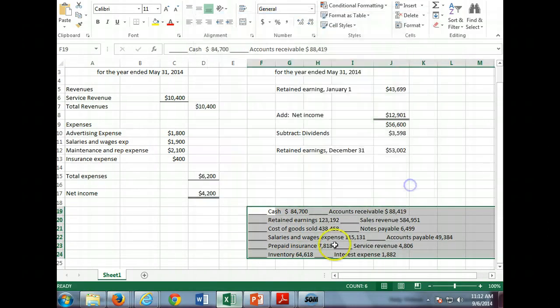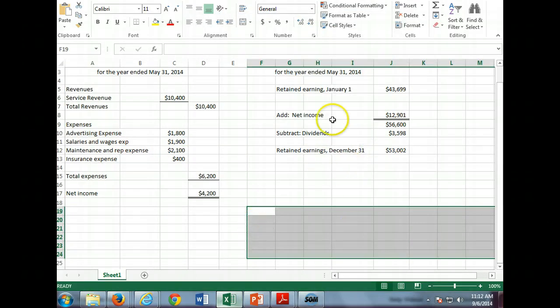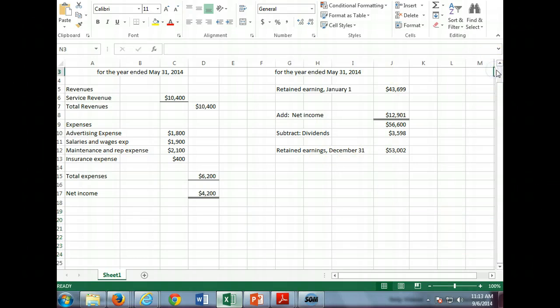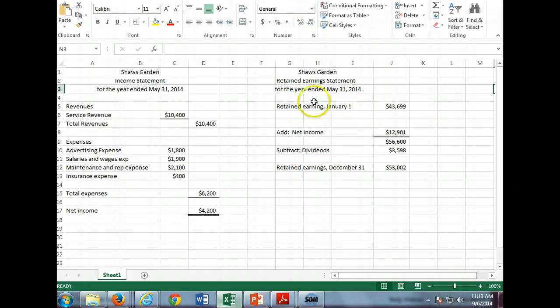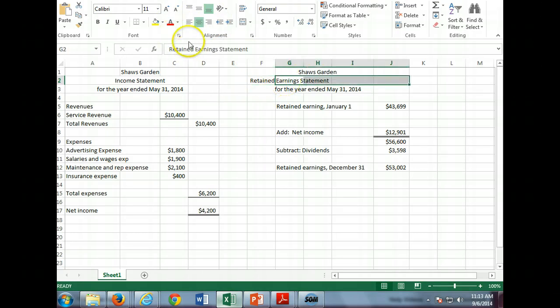Next, we need to prepare a retained earnings statement first, right? Yep. Because we gotta do the retained earnings in order to finish the balance sheet too. Okay, so basically, our retained earnings starts as what? Zero.